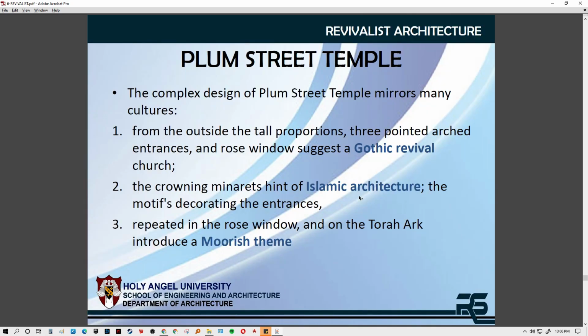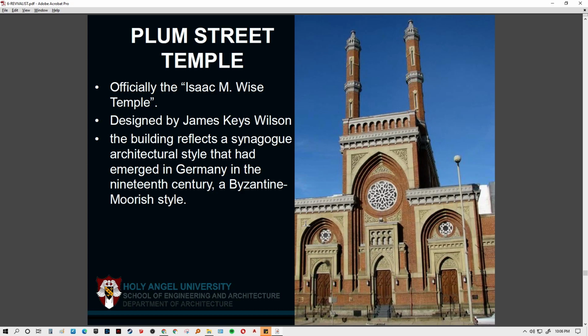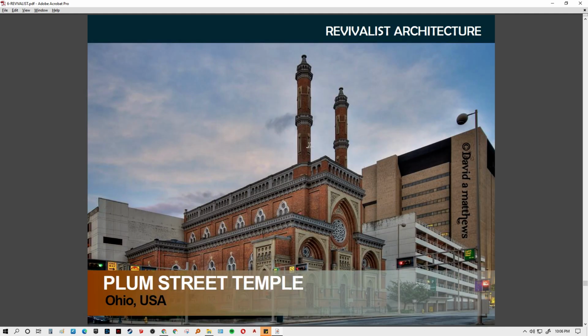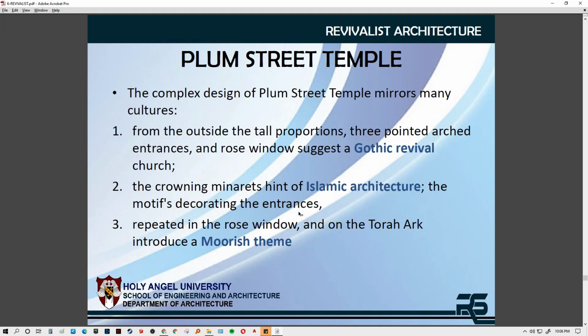So again, it mirrors the cultures from the outside: tall proportions and three-pointed arc entrances, and it also has a rose window, so partly has a Gothic motif. It gives an Islamic look due to the minarets, and also the pattern of each wall gives that appeal.